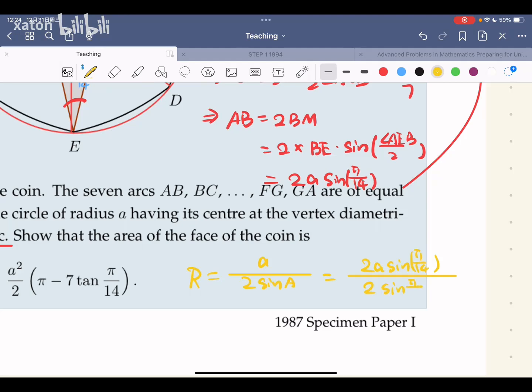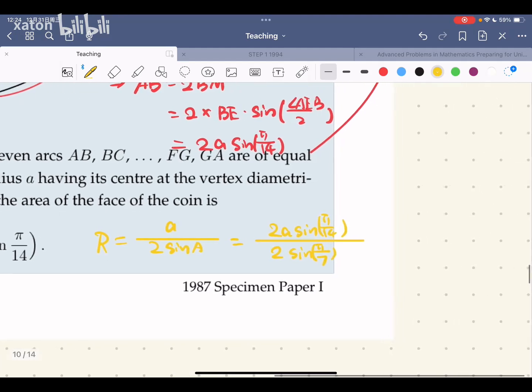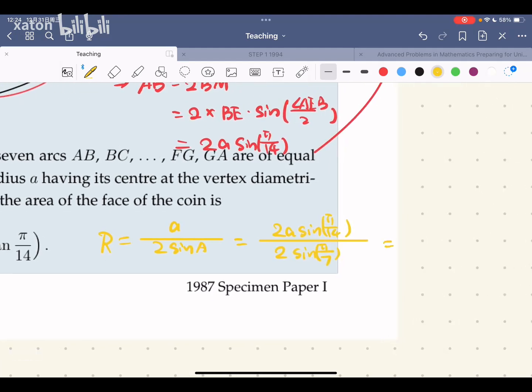So R equals b times sine pi over 14 over sine pi over 7.